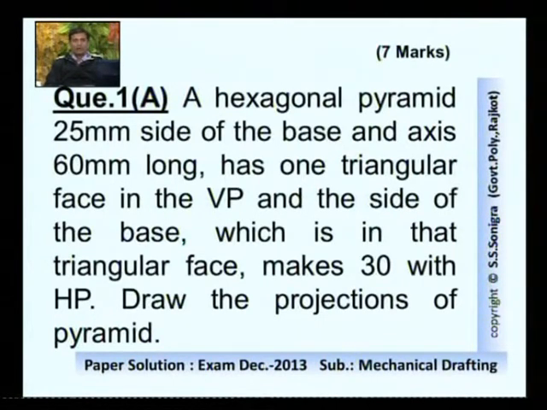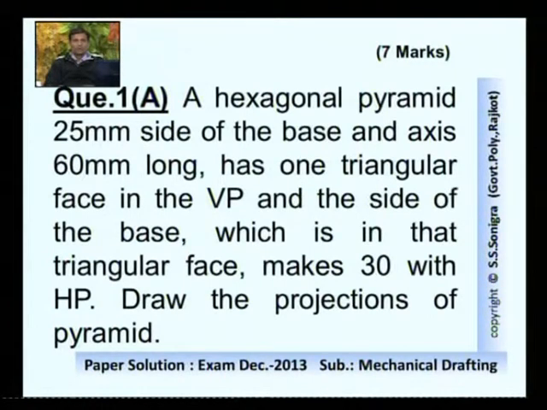Generally we practice conditions in which it is resting on HP on its hexagonal base, but here it's given that it is lying on its triangular face on the vertical plane. Hence we assume that it's lying on its hexagonal base on VP. Then we draw its front view and top view, and after that we tilt its front view in such a way that its triangular face lies on VP.